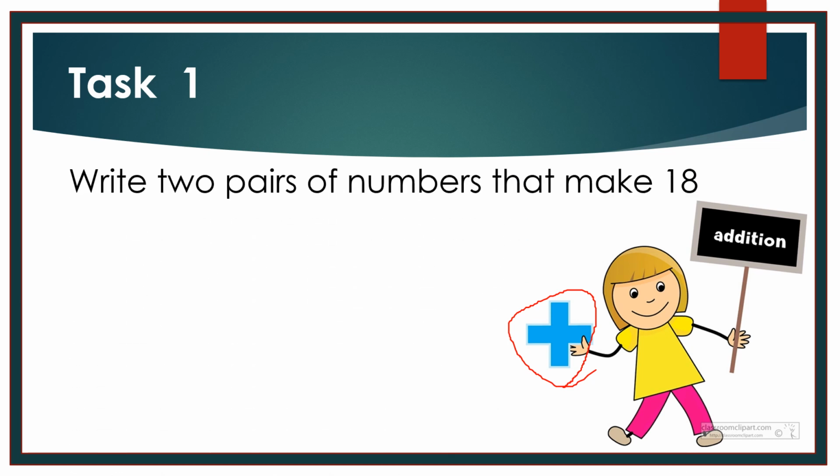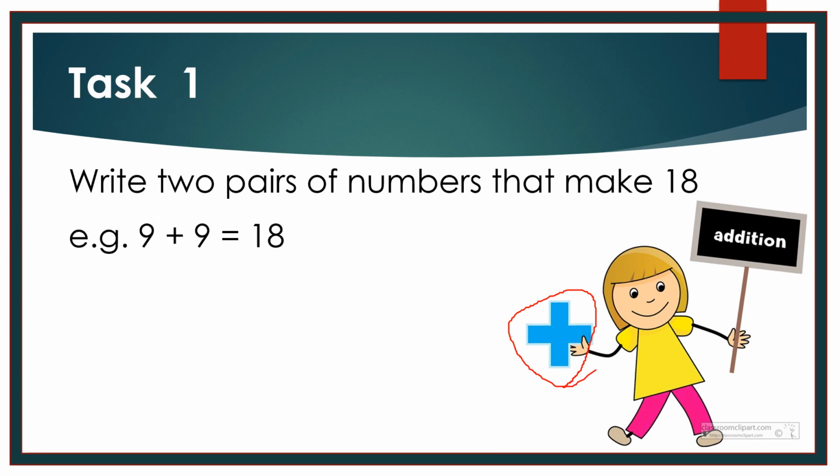You have to write two pairs of numbers that make 18. Like we did, we made 12 by using 4 pairs. We took 6 plus 6, 12, 10 plus 2, 12, 4 plus 8, 12, 7 plus 5, 12. In this case, you have to make 18 by using just 2 pairs of numbers.